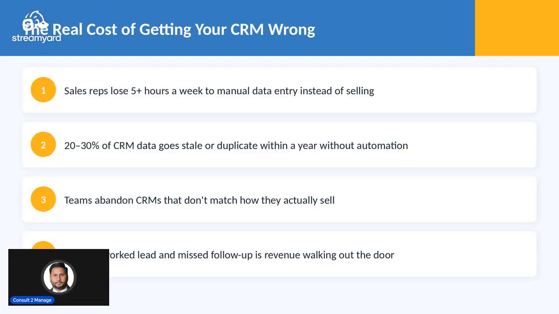First of all, we all know the real cost of getting the CRM wrong. By the way, CRM is a customer relationship management system, and everyone knows that. But the most important thing is, what must a good CRM have? A good CRM must have good data for it to work the way it should.